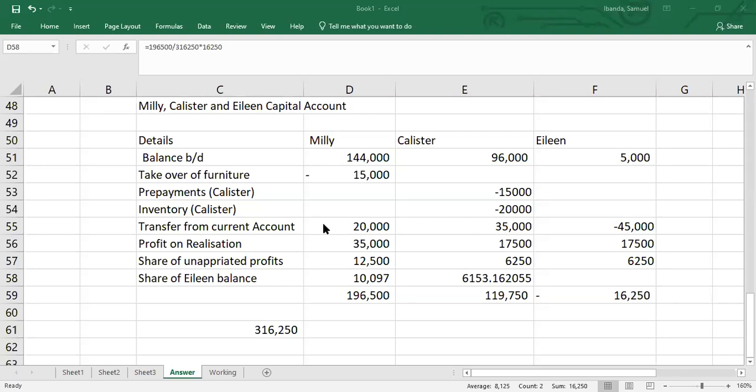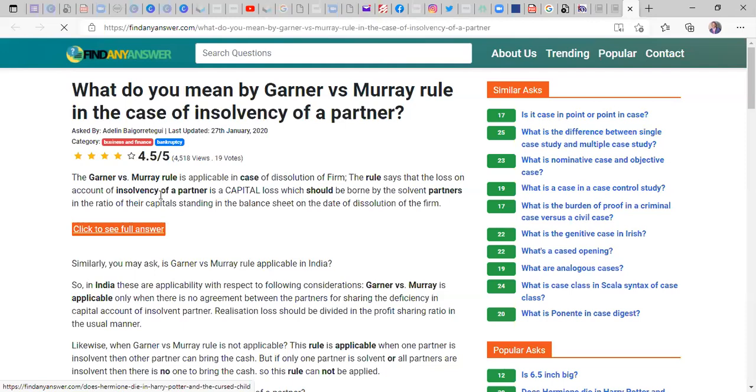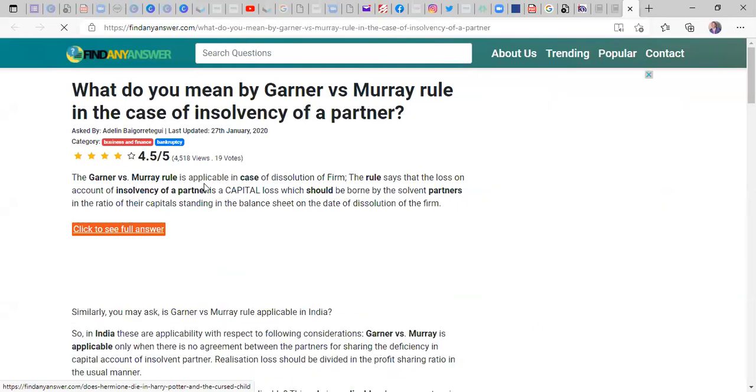So this is one of the sites that spoke about the Garner versus Murray rule.